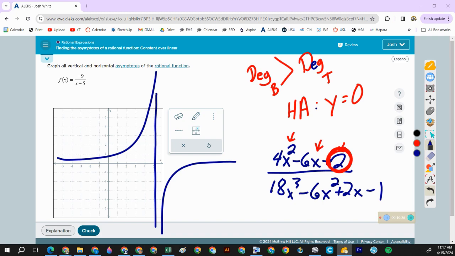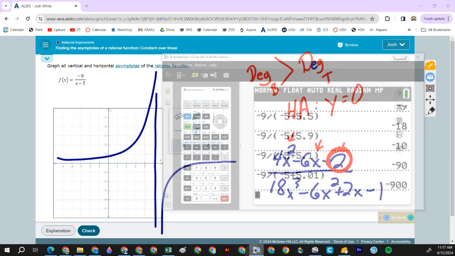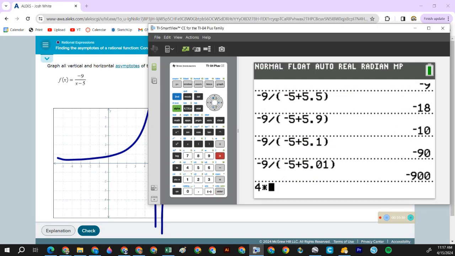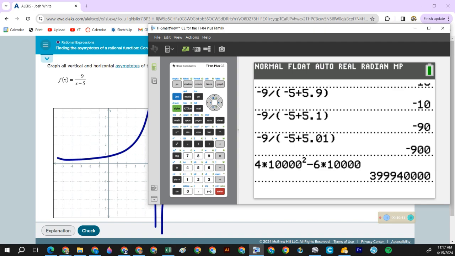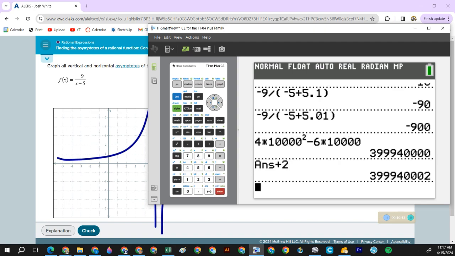Not much at all. Let's try one and see. So let's do 4 times 10,000 squared minus 6 times 10,000. Okay. If I add 2 to that, does that 2 really matter?